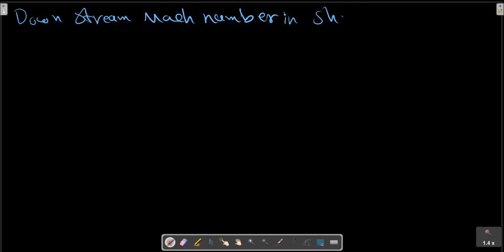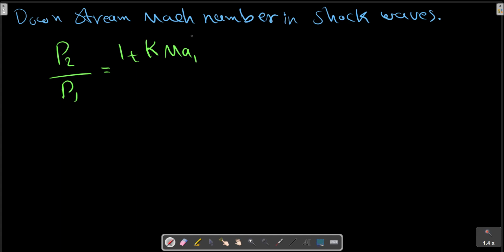In shock waves, now we can calculate the Mach number at point 2.